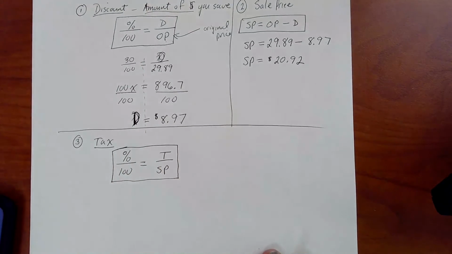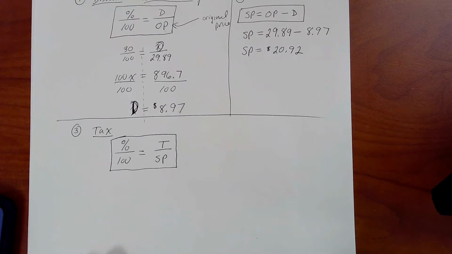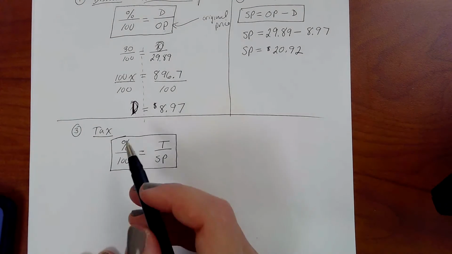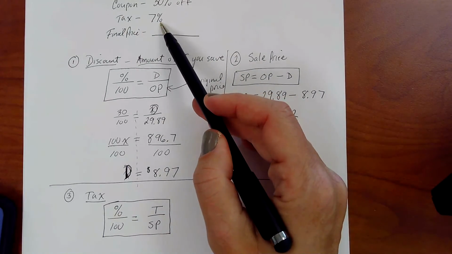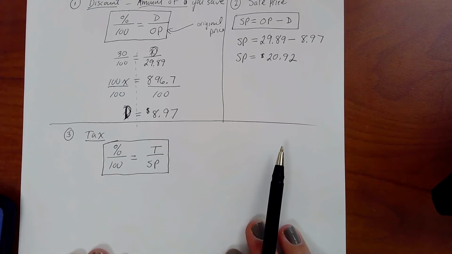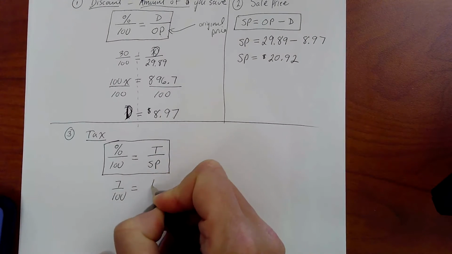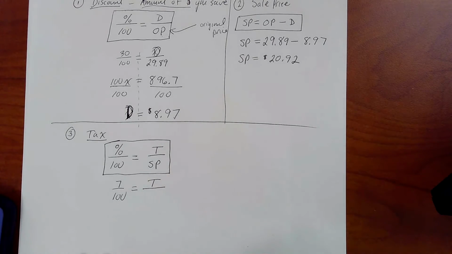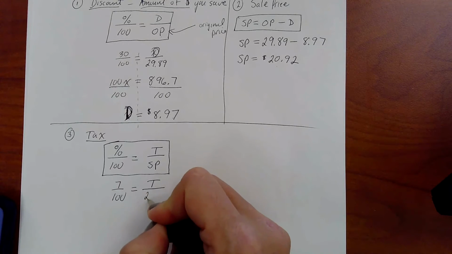So that's something you can memorize there, or just always refer to your notes, that's fine. So the percent I said was, let me go back, 7% tax. Okay, so 7 over 100 equals T for tax that we don't know. And we're going to use the sale price of $20.92.